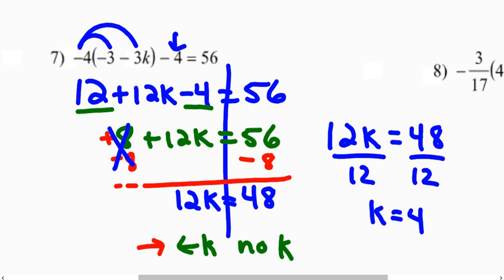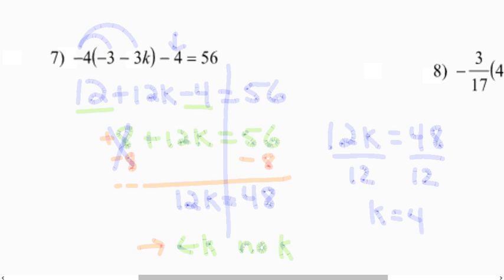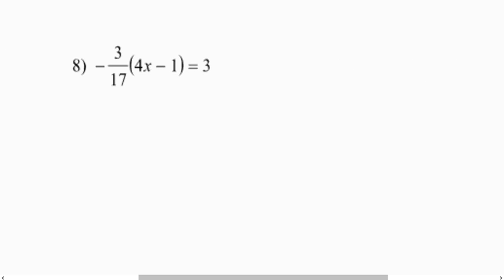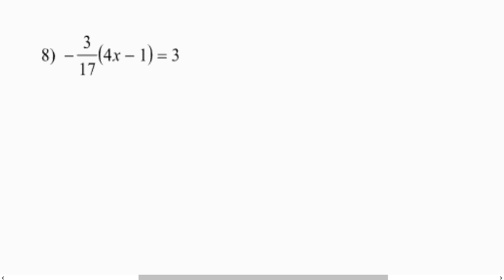Let's try one more. I see one with a fraction over there on the right, so let's see if we can figure this one out. All right, so the big question is, I see a negative 13 over 17 right out in front of the parentheses, so the question is, where does the negative go? Well, you can either put it with the numerator, or you can put it with the denominator.